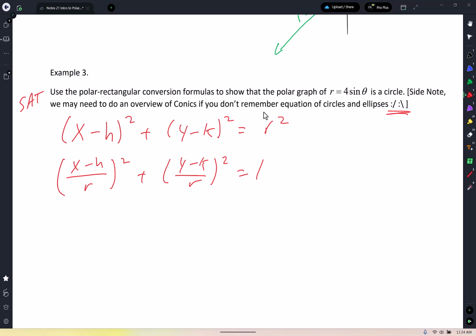The common denominator is r squared, multiplied by r squared, you get the r squared on the right-hand side. Center at (h, k). Sometimes they say x naught and y naught: (x minus x naught) squared plus (y minus y naught) squared equals r squared. Maybe that one's more popular in physics because they always say naught for initial.